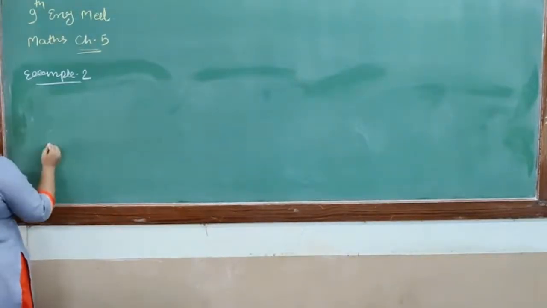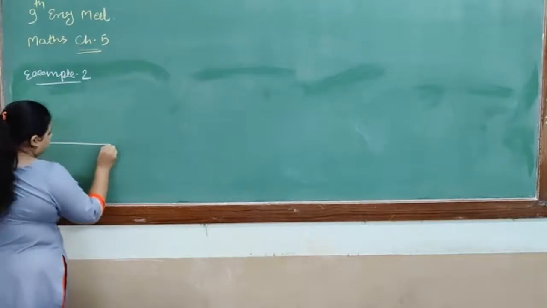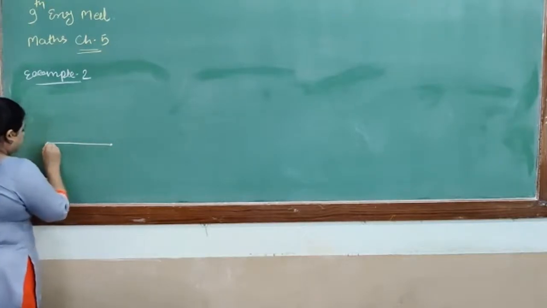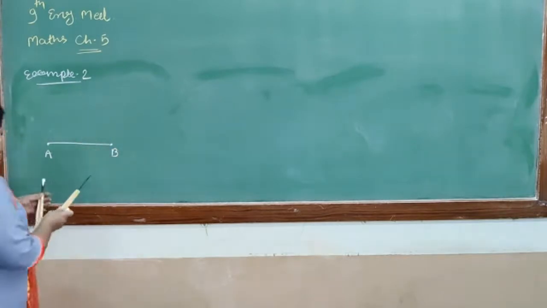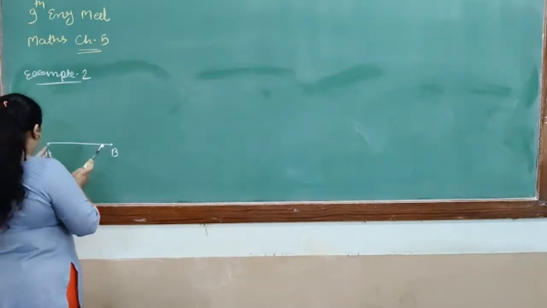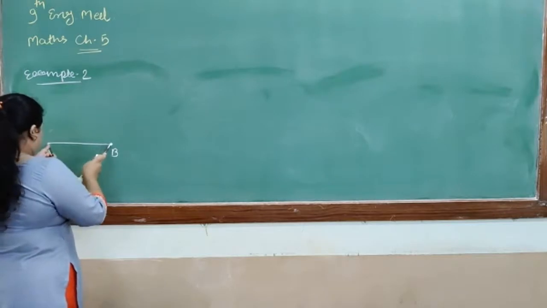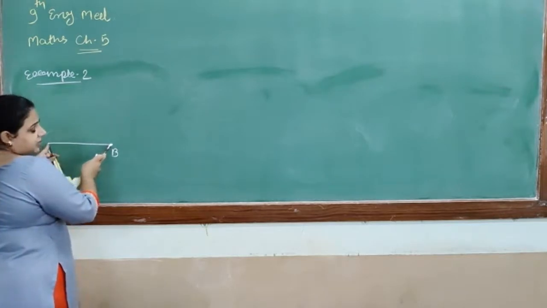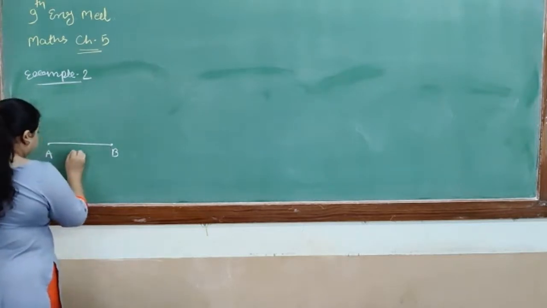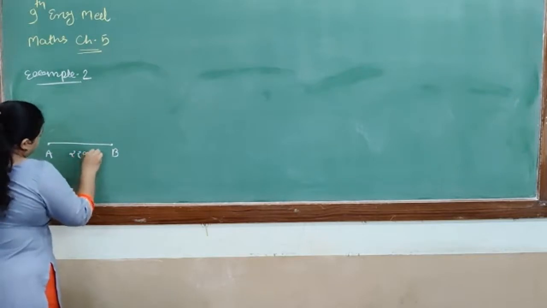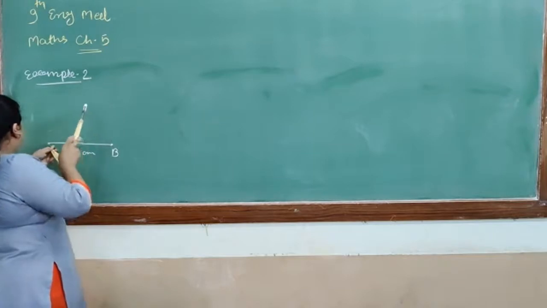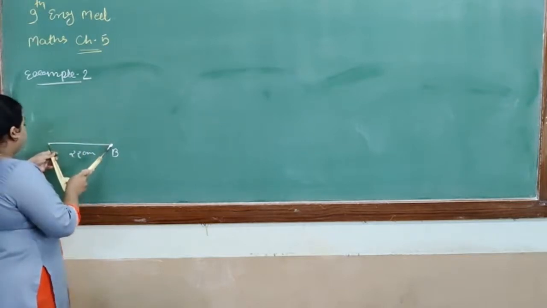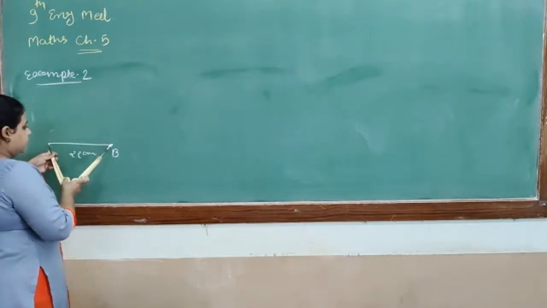Example number 2. Suppose A and B. AB is a line segment and 2 cm is its measurement. Now take a measurement of AB and fix it.